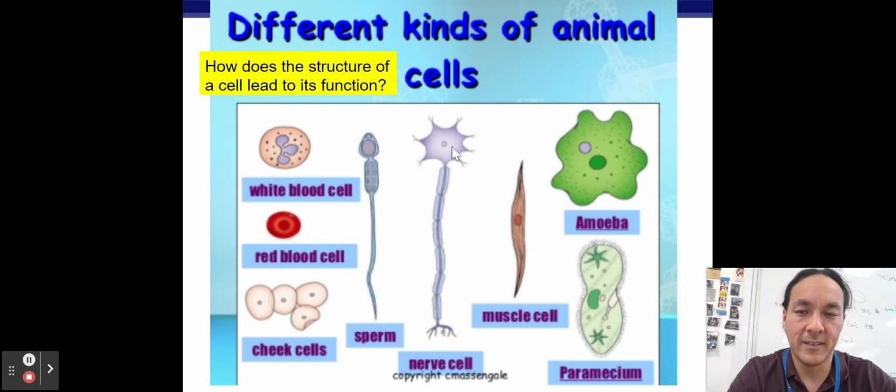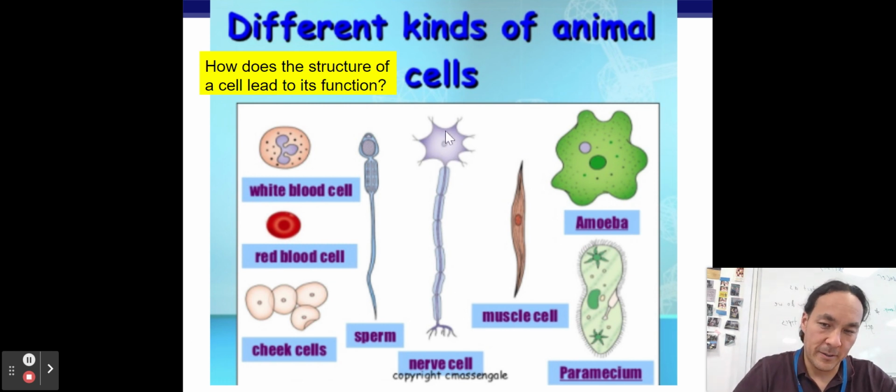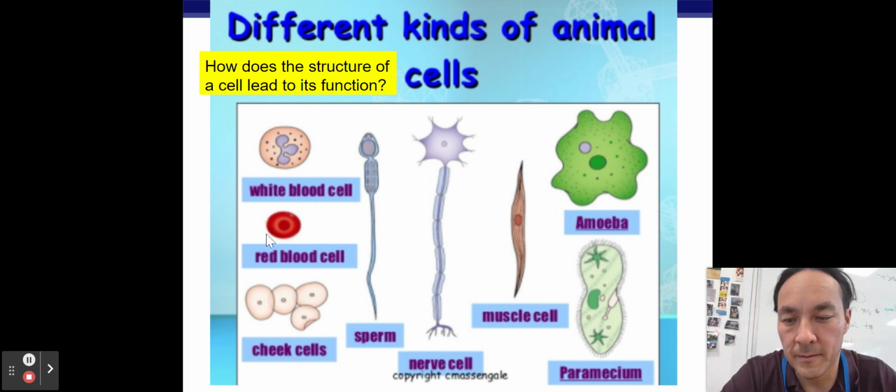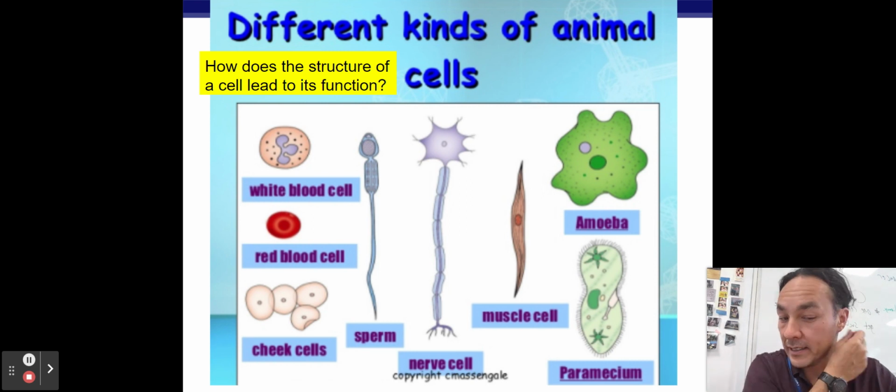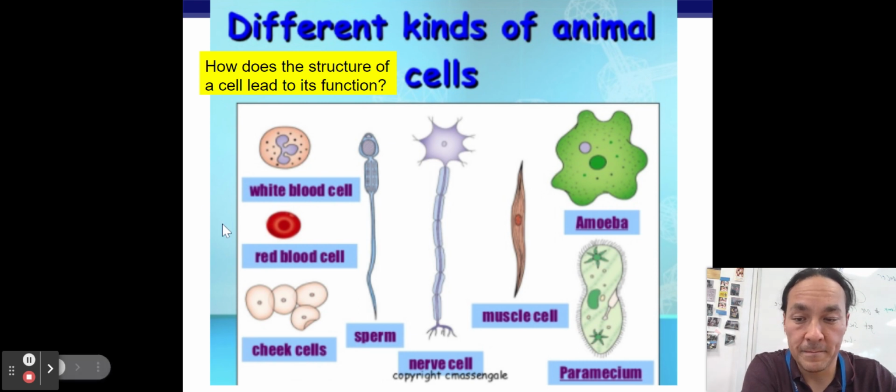The nerve cell's structure is able to transmit messages very fast. You can see the red blood cell is concave. It's able to carry oxygen. And white blood cells are able to eat up invaders in our body and then send out messages to our lymph nodes to make antibodies as well.